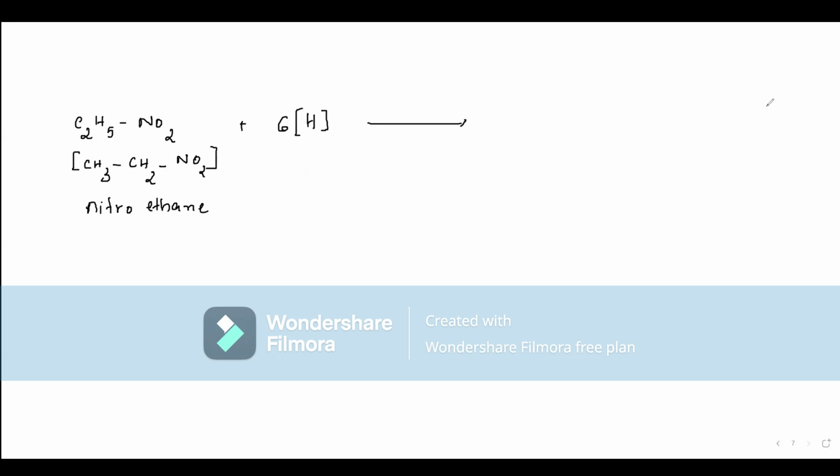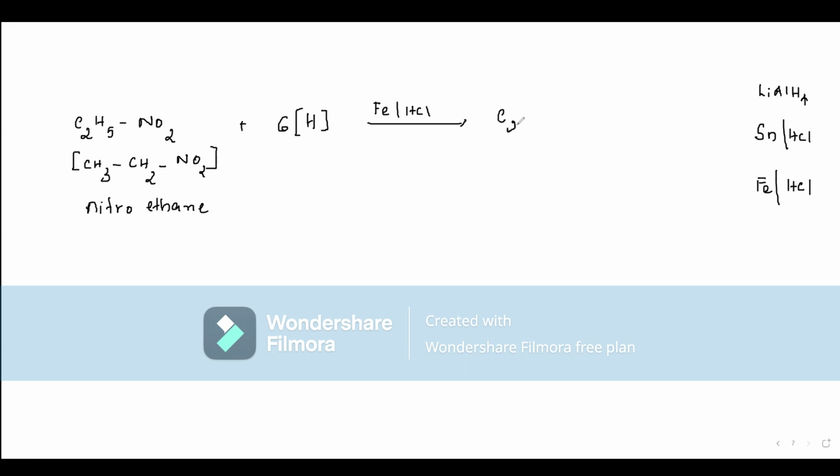I can take reducing agents like lithium aluminium hydride. I can take tin in dilute hydrochloric acid. I can even take Fe in HCl, hydrochloric acid. Any one of these can be taken. I have selected Fe in HCl.